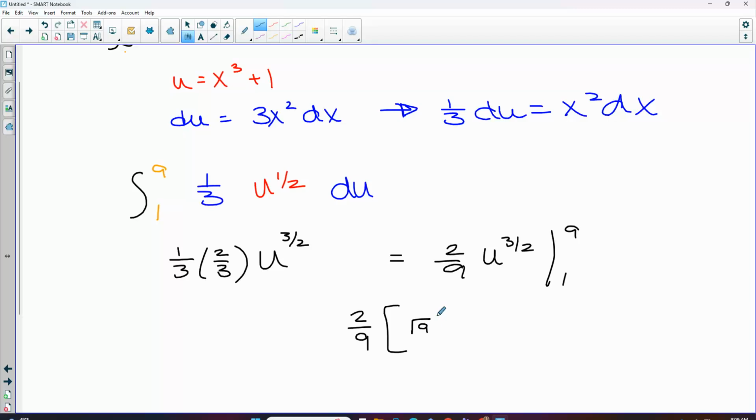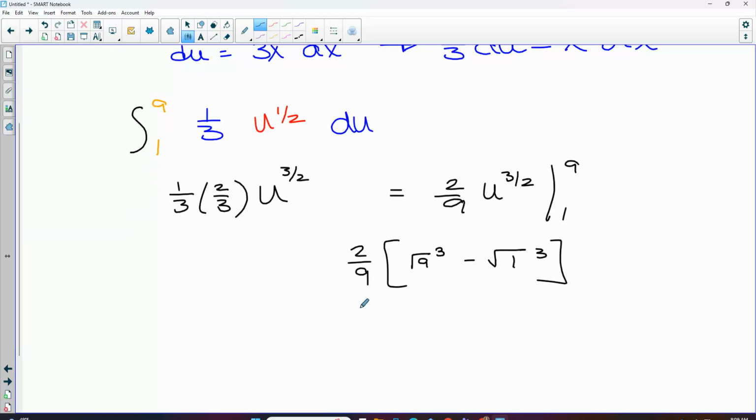That means the square root of 9 cubed, square root of 1 cubed. So square root of 9 is 3, 3 to the 3rd is 27, square root of 1 is 1, 1 cubed is 1. So 26 times 2/9 is 52 over 9.